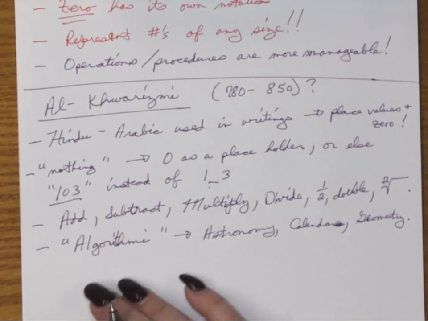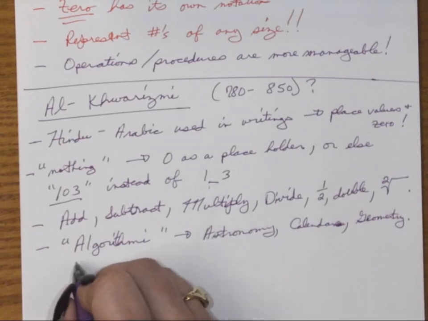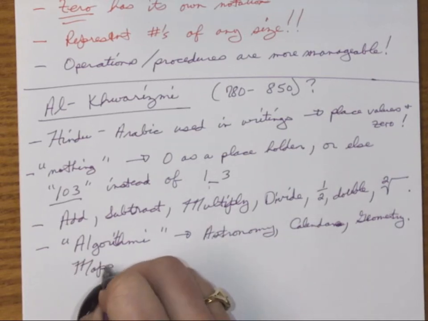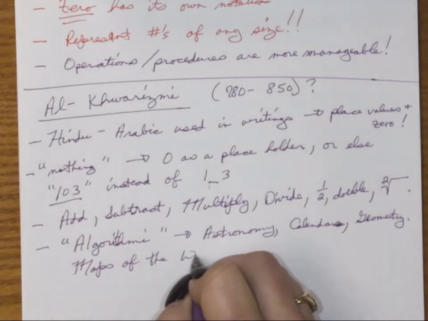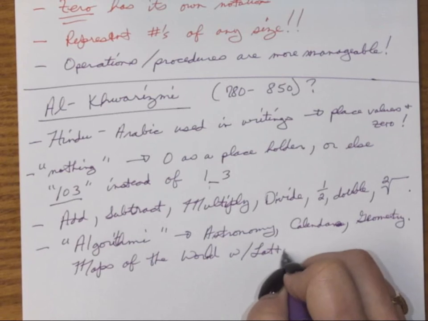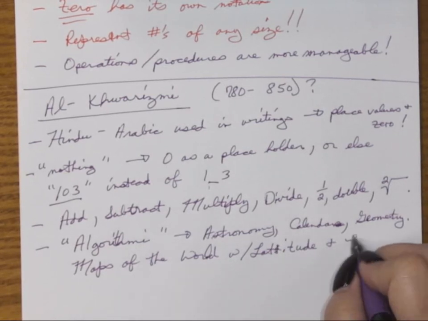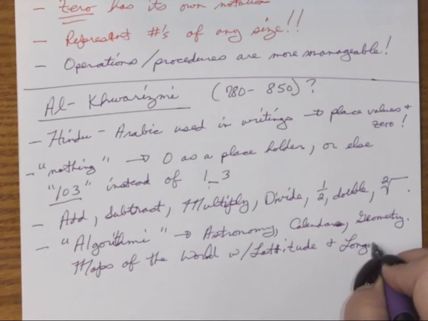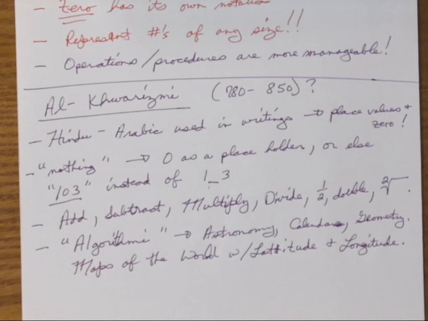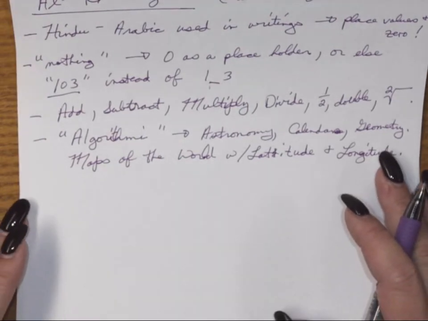An algorithm is a way of doing stuff. So he did those things, and he had maps of the world, using latitude and longitude. I think there's only one T in the middle of latitude. So it's very, very clear that he had access to a lot of the Greek texts, and maybe he was pulling stuff that we have already studied. So very nice for us.